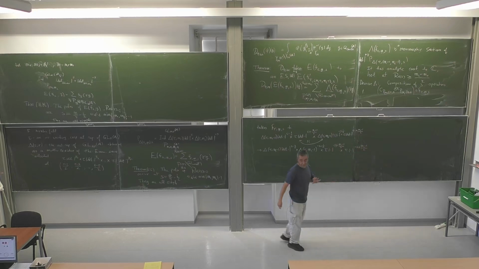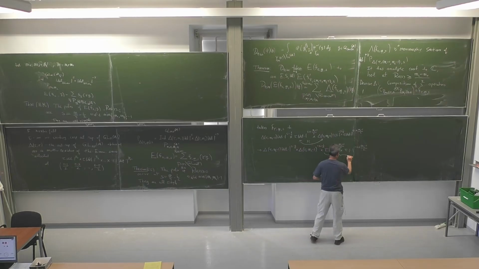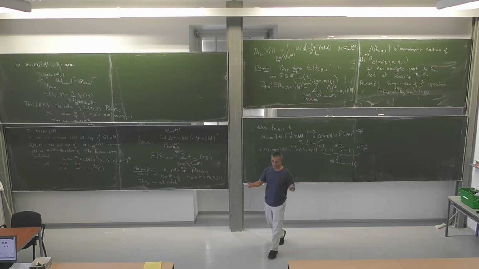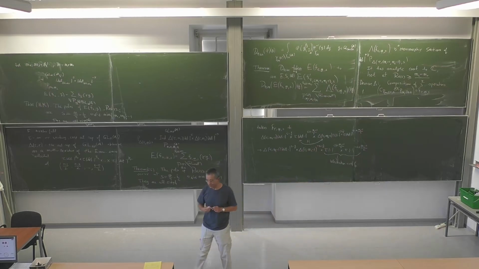And the third and final operator is to take the Whittaker coefficient for these two. So you see the meromorphic continuation in this way, and it's easy to see the other stuff.